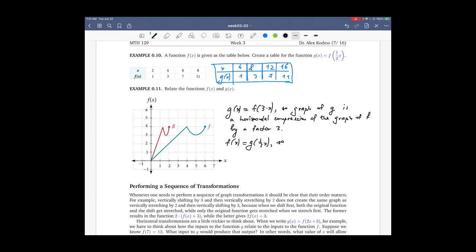In other words, the graph of f is a horizontal stretch by a factor of 3. You could also say it's a horizontal compression with a factor of 1/3, but in my opinion, it is less natural than to say that f is a horizontal stretch with a factor of 3.